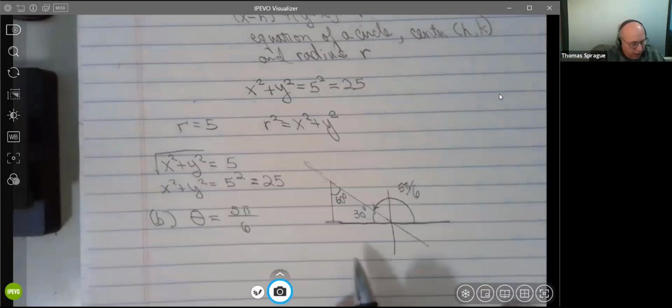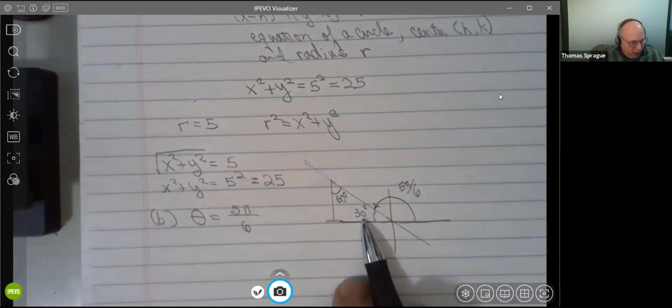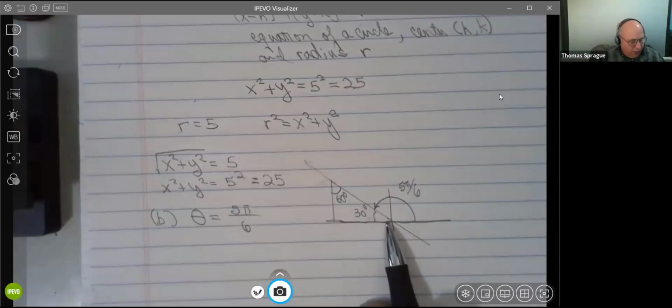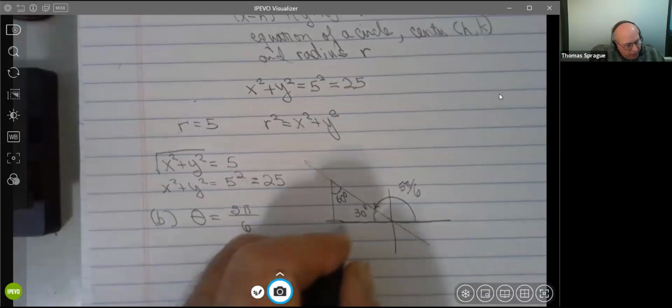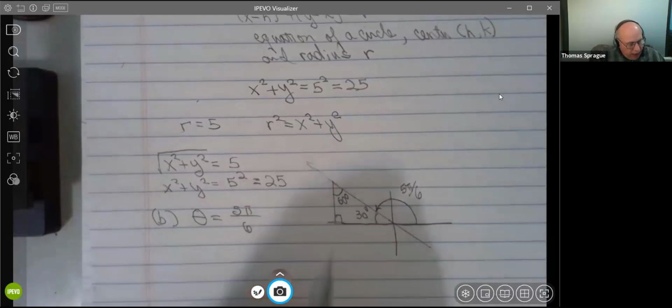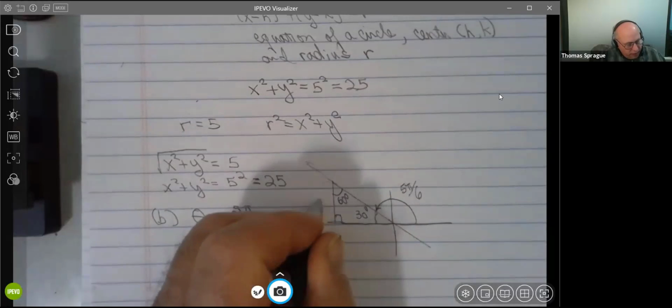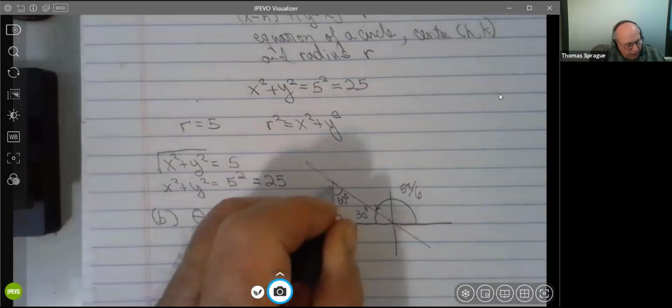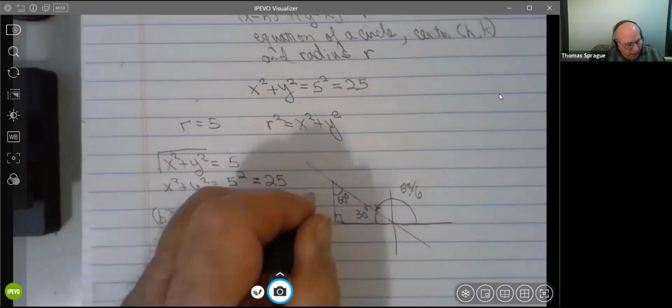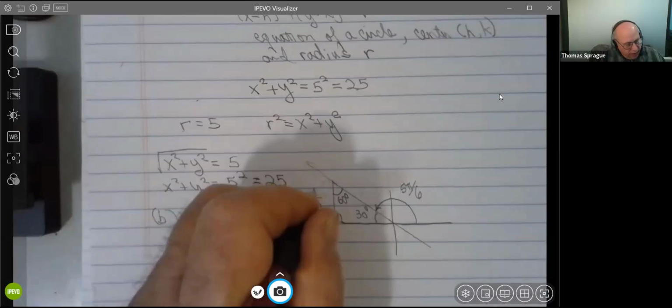And you can see I didn't get my angle drawn so very well. I've got something, well, I don't know, around 40 probably. But anyway, 30, 60, 90 right triangle. And with the 30, 60, 90 right triangle, the side opposite the 30 is 1/2 the length of the hypotenuse.